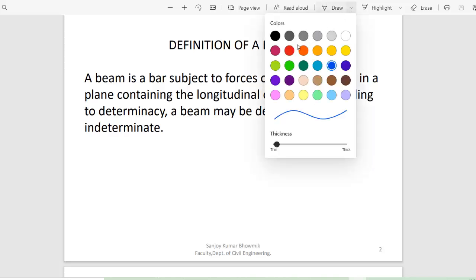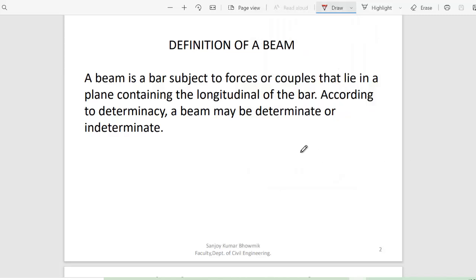If there are two forces acting oppositely and producing the same moment, these two forces are the same: this is P force and this is also P force, the same amount of force, and the distance is L. If you take moment at point A, the moment is P into L. If you take moment at point B, the moment is also P into L, but it rotates. So this kind of force action we call coupled forces.